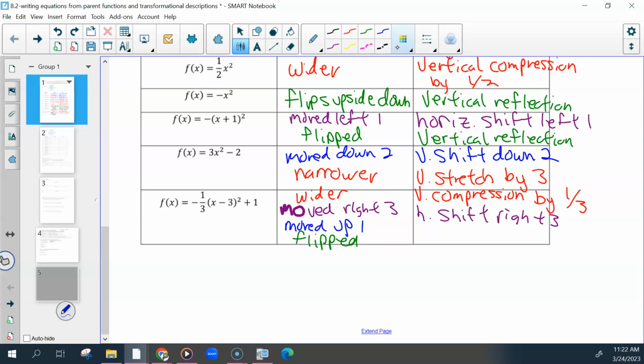Not horizontal. Vertical. Shift what direction? Move up. Up. And then if it flipped, what is that rule?